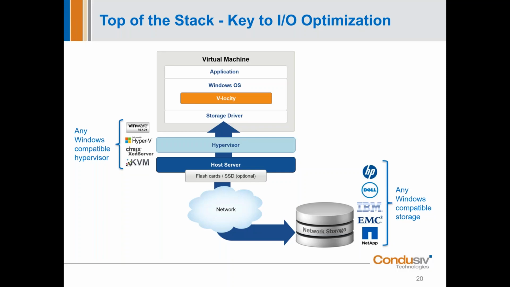So you're reducing IO queue depths, you're helping to reduce storage latency, and those Linux machines will be able to take advantage of that additional IO headroom that Windows is now handing back to the environment by default, even without installing the V-locity software on them.